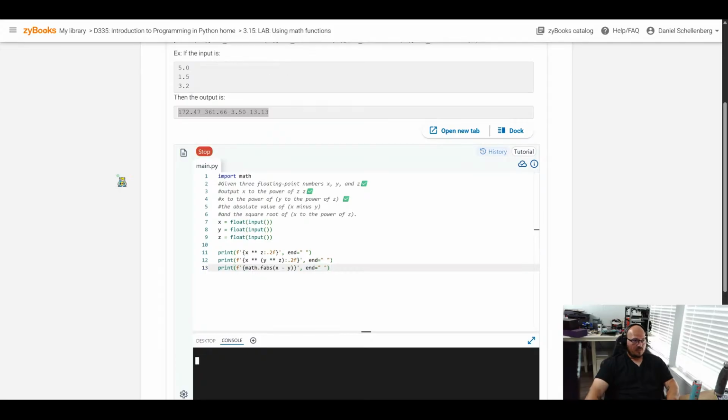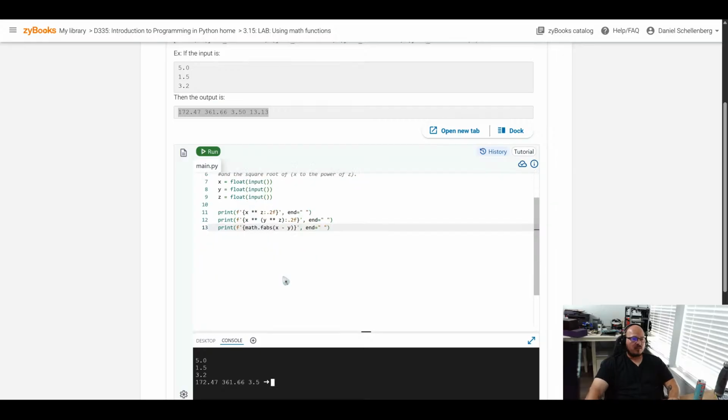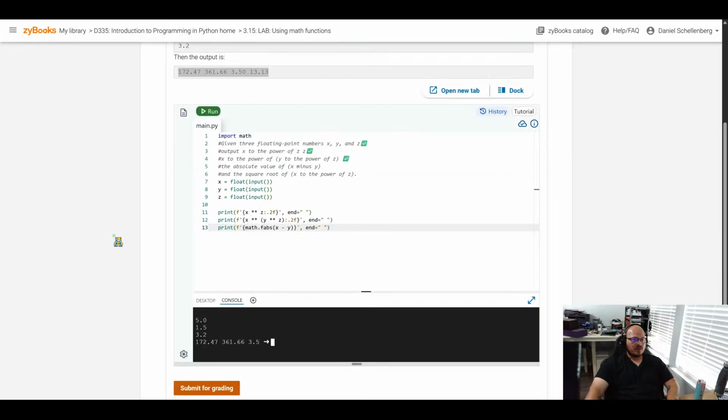I'm going to run again just to test what I'm telling you. Yeah, that's what it is, because I didn't use math dot, but I can use ABS because it's built in. But I do want to use FABS only because that's what it taught us to do.